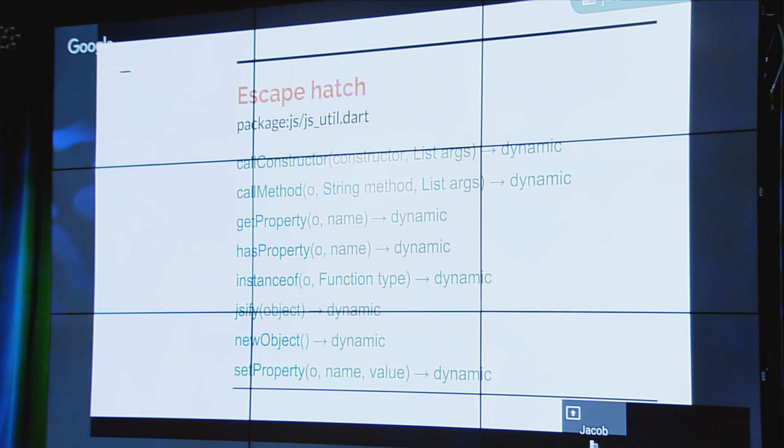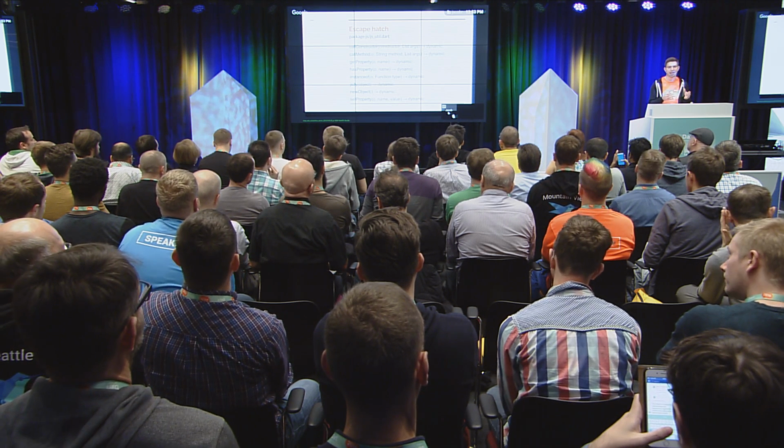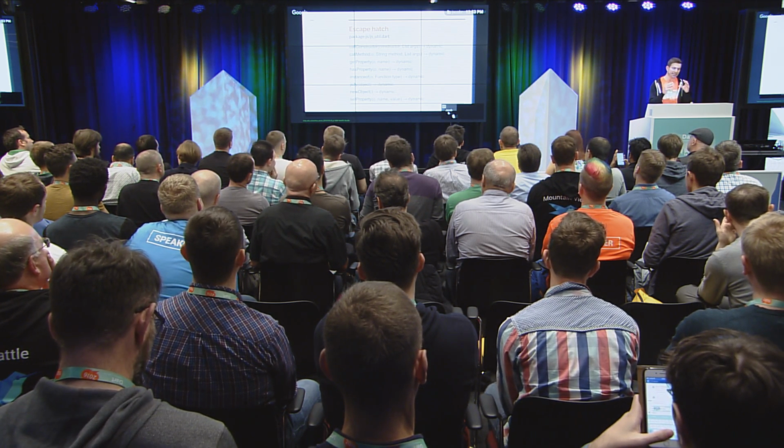And there's also an escape hatch. Sometimes you really want to do something dynamic with JavaScript, and the JS facades won't really let you do that because they're focused on letting you use a specific static API. There's a JS util library, part of package:js, that gives you the escape hatch you need for that case.